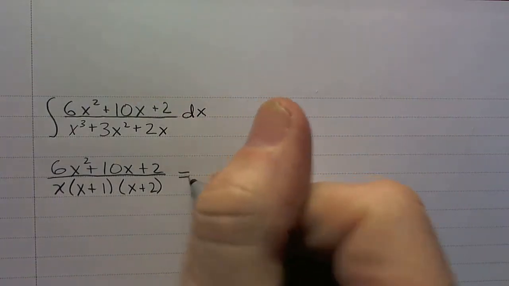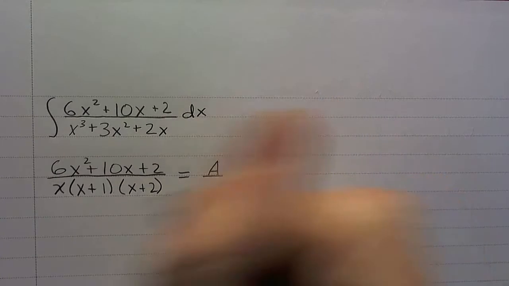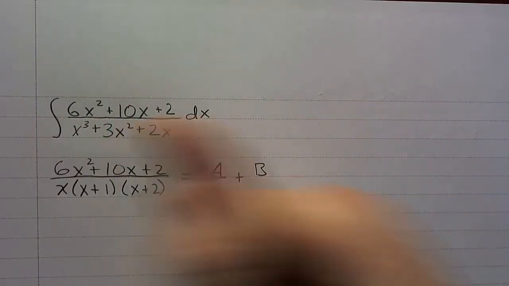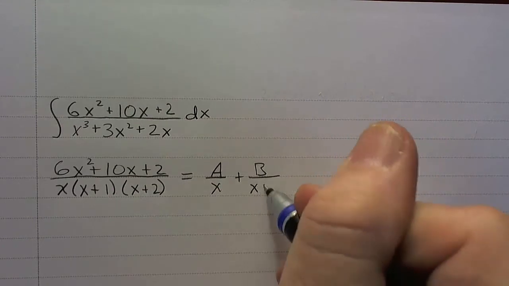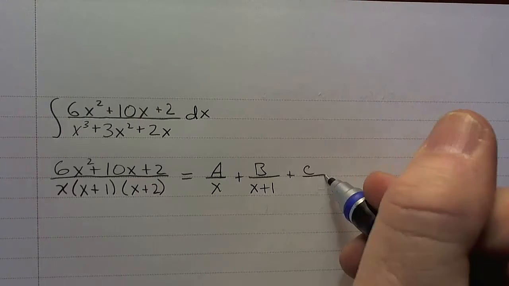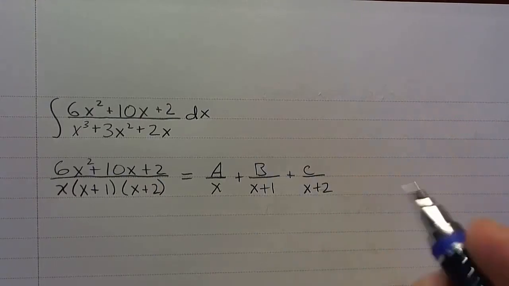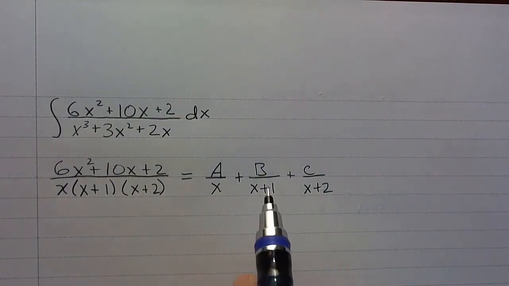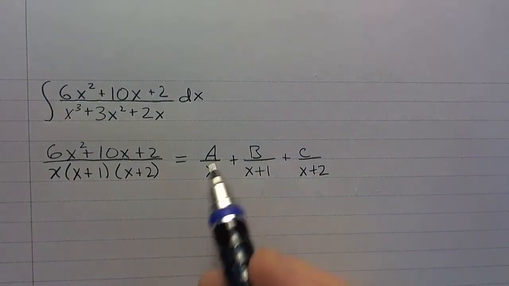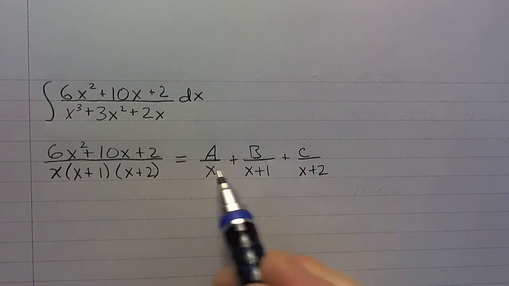Now I'm going to write this as a over x plus b over x plus 1 plus c over x plus 2. Now once you do that, the job is to find a, b, and c, and we're going to do that by adding these fractions.